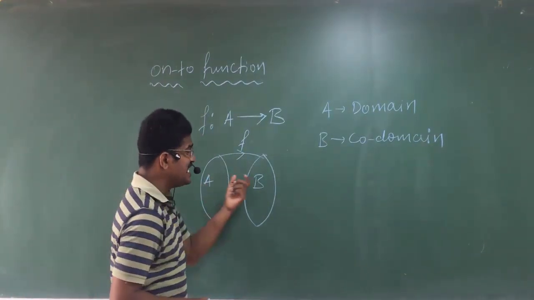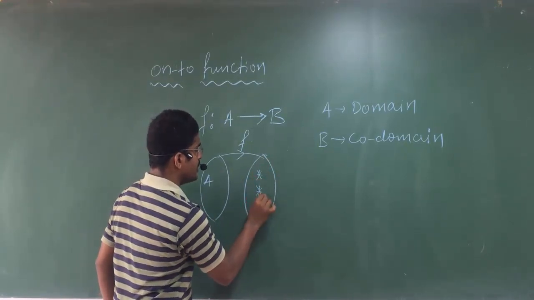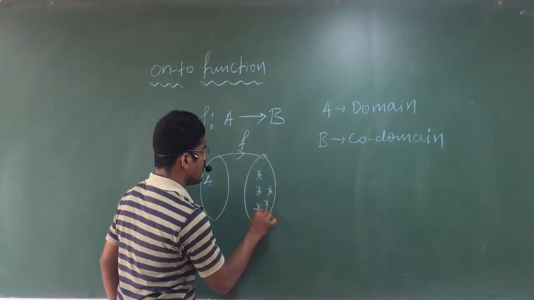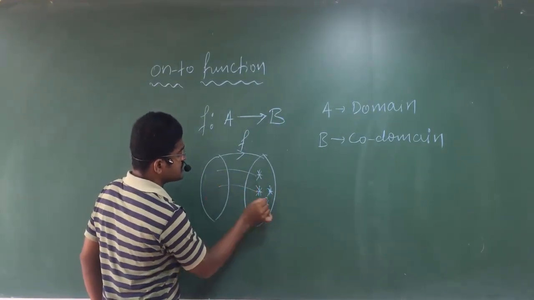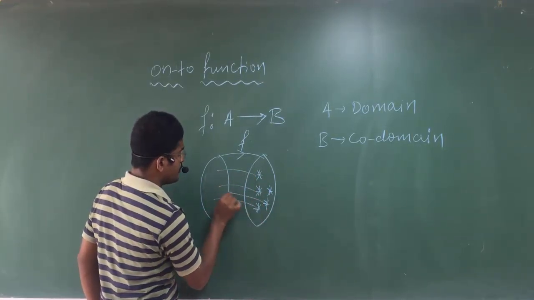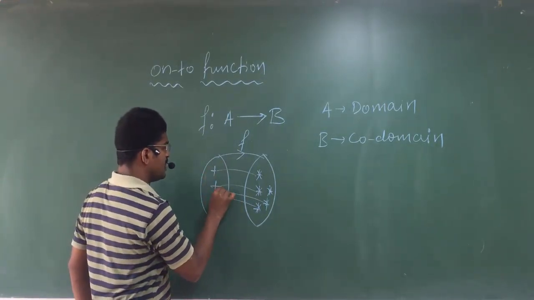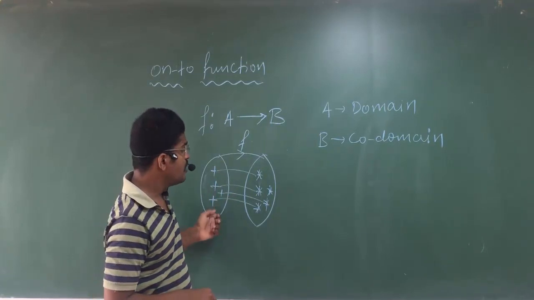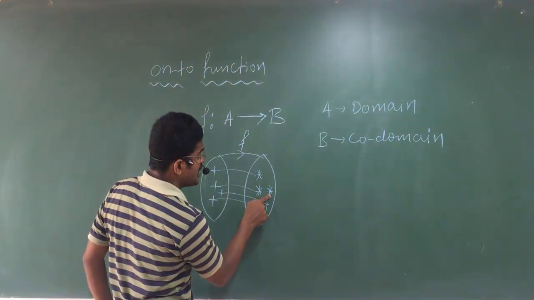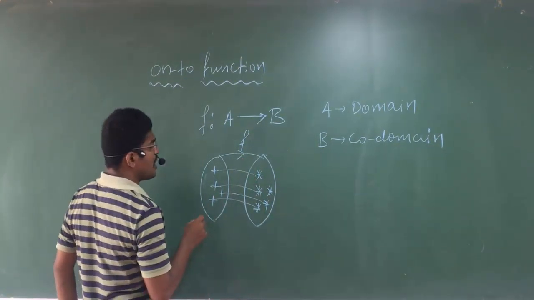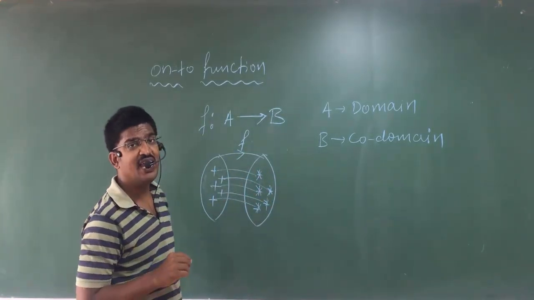Now, the elements in the codomain must have pre-images in the domain. That means there must be a pre-image in the domain for every element of the codomain. See here, if one element is remaining, for that element also there must be a pre-image.